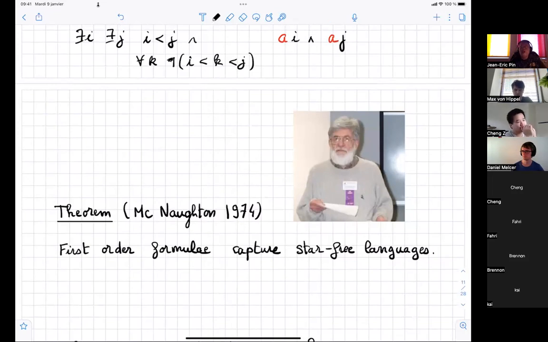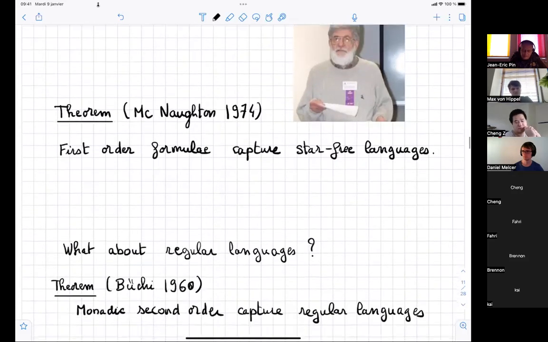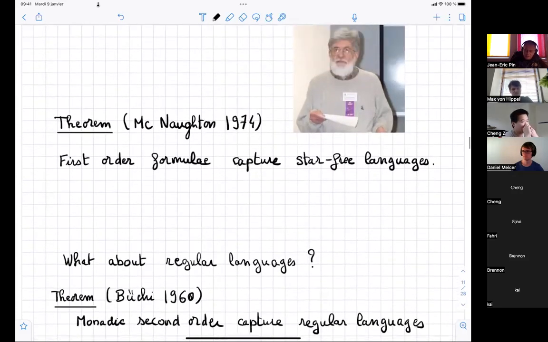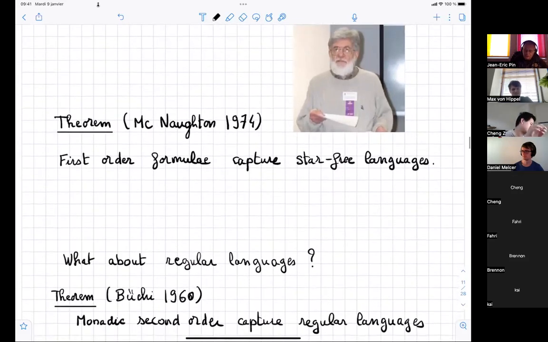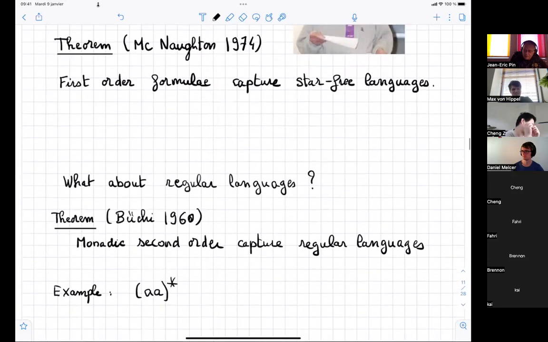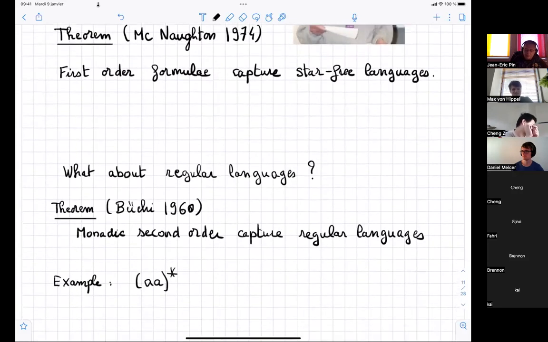So you may wonder what happens if I have a regular language now, just like A star. Actually, this is interesting because this theorem was proved before. It was proved by Büchi in the 60s, that regular languages are captured by monadic second order formulas.